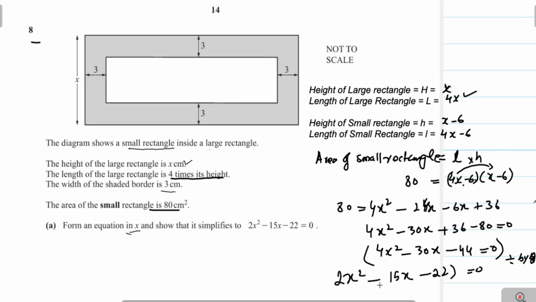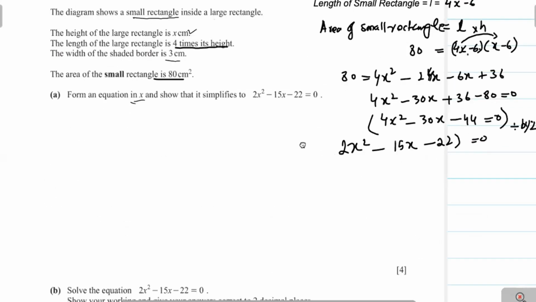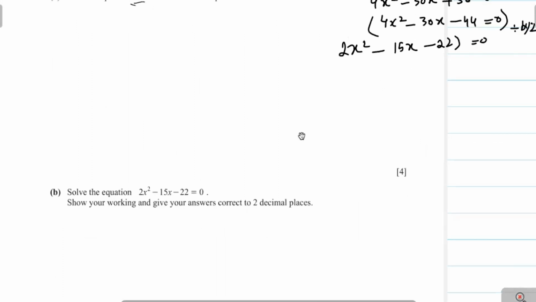This equation becomes 2x squared minus 15x minus 22, and we write here divided by 2, and after division by 2, this equation becomes 2x squared minus 15x minus 22 equal to 0. And that is the equation we had to find.